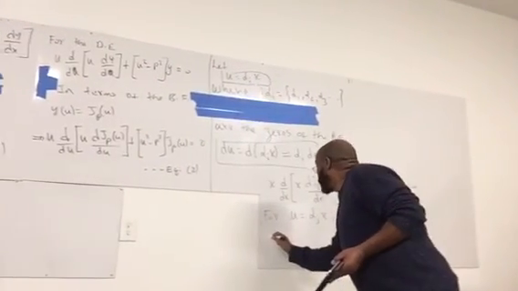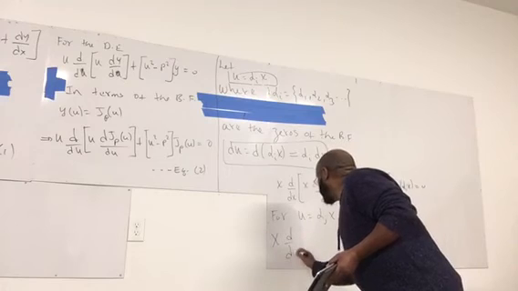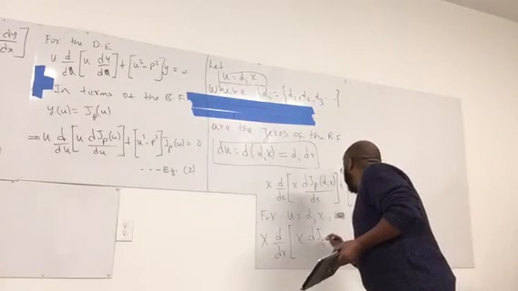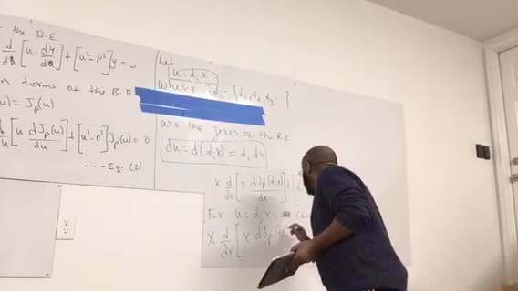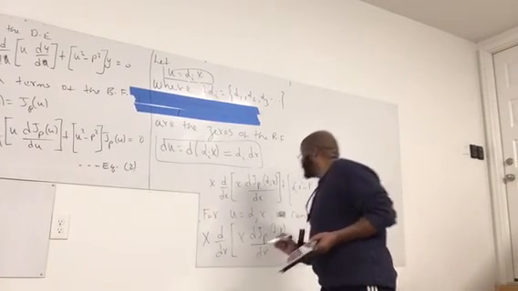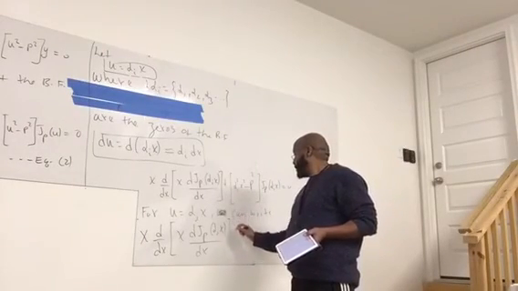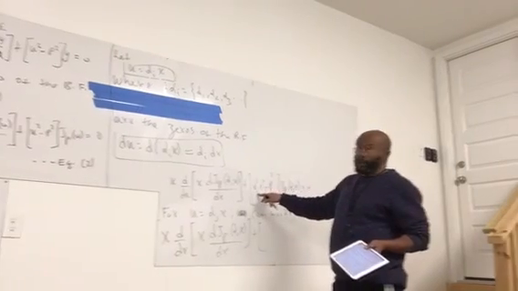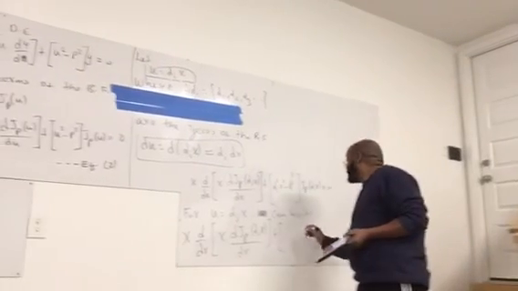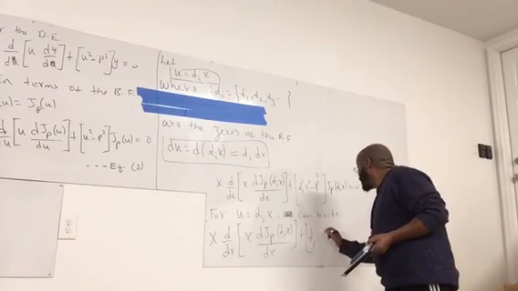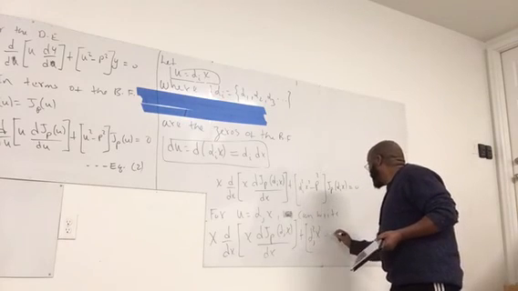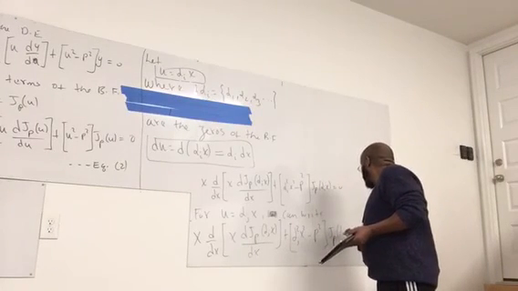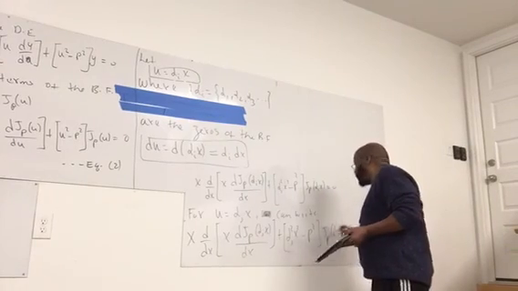So we have this equation: x d/dx (x dJ_p(alpha_j x)/dx) plus (alpha_j squared x squared minus p squared) J_p(alpha_j x) equals 0.